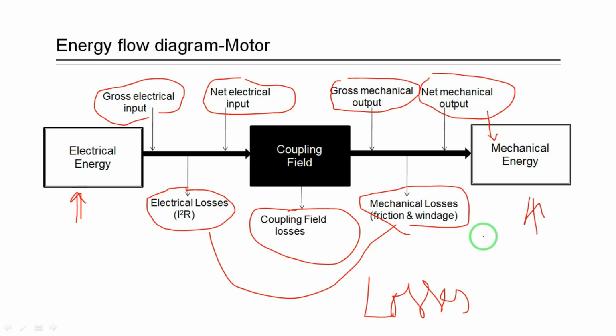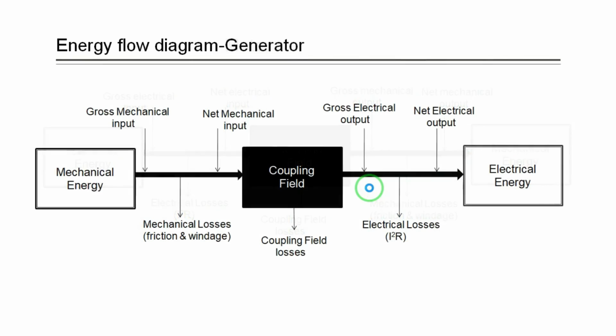Likewise, the energy flow diagram of a generator. I already told you many times, the motor and generator are quite opposite, or vice versa. So in this diagram for a generator, we just reverse the diagram. See this diagram.